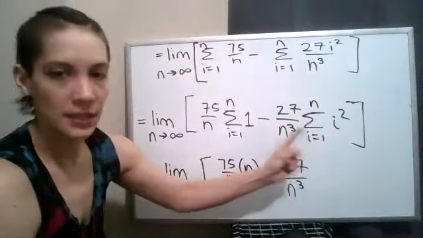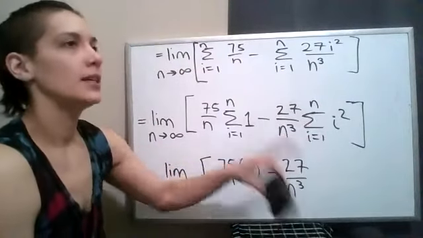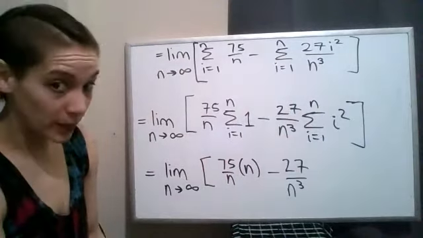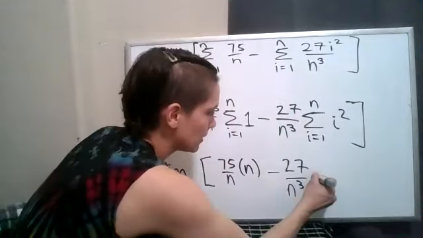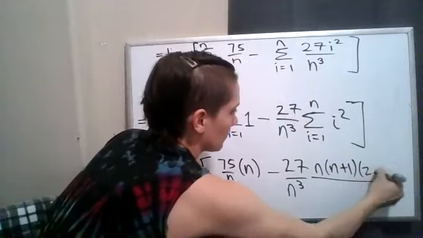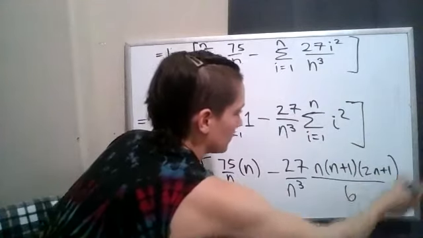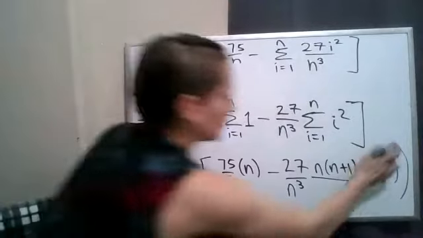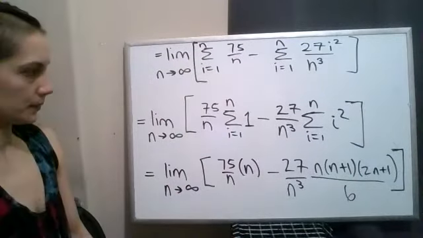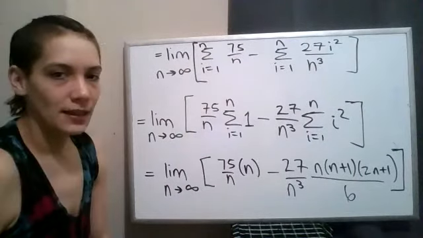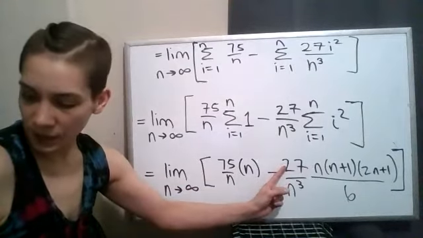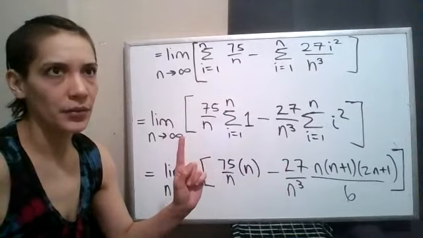This sum we talked about, the sum from i equals 1 to n of i squared is, let me make sure I get this right, n times n plus 1 times 2n plus 1 over 6. And then this part simplifies. You got this 27 over 6 is going to be 9 over 2.